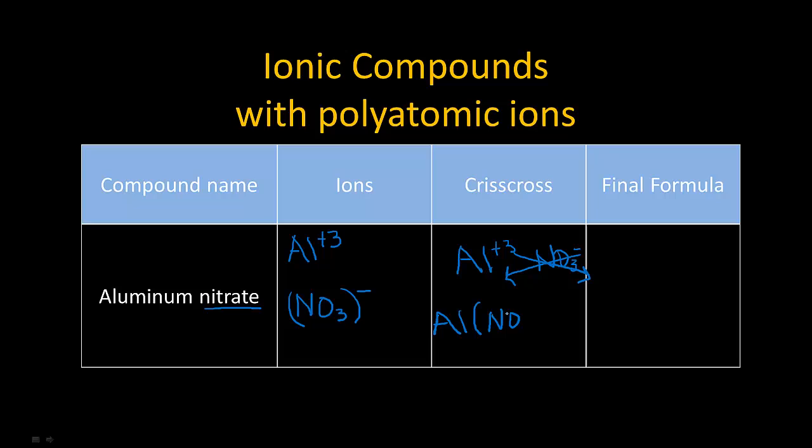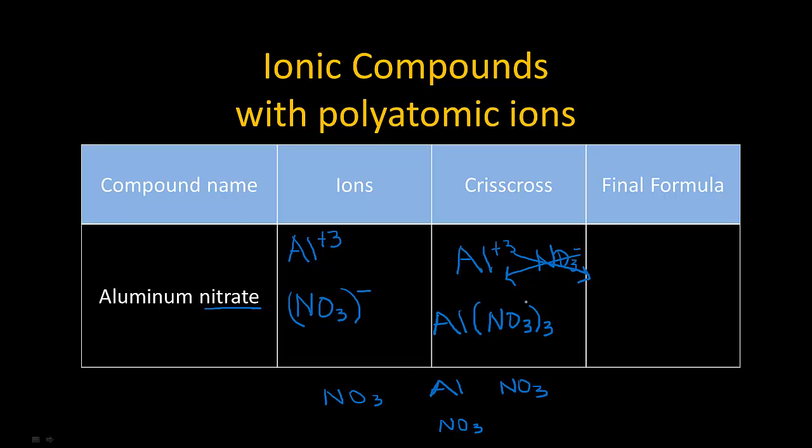So we're going to put NO3, and then we're going to put the 3 down there, which means there is 1 aluminum and there are 3 nitrates, 3 of these NO3s. So it looks like 1 aluminum, and then we have a nitrate over here, and a nitrate over here, and another nitrate down here.